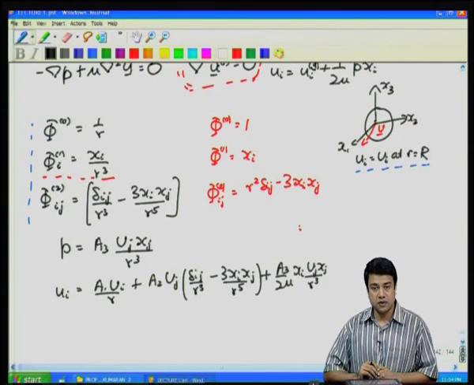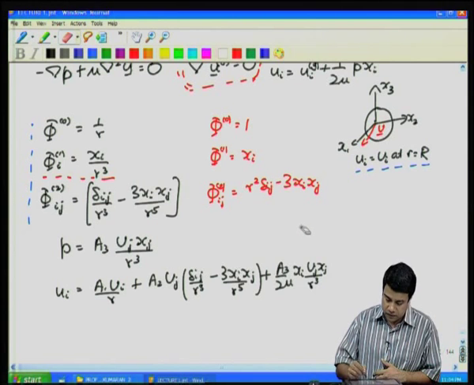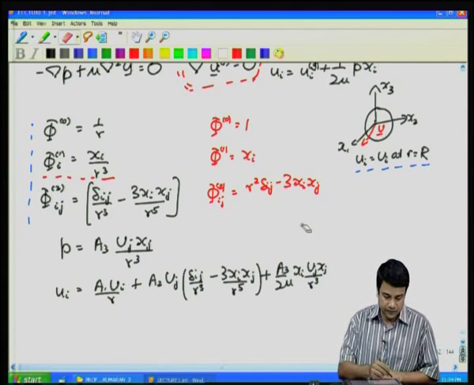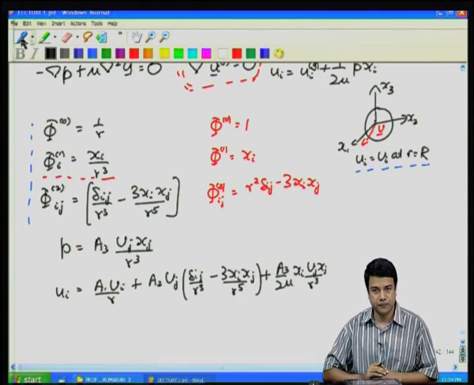Now, firstly, since the general solution for the velocity and the solution for the pressure both satisfy the Laplace equation, they have to be a linear combination of the spherical harmonic solutions. In this particular case, they are a linear combination of only the decaying solutions.